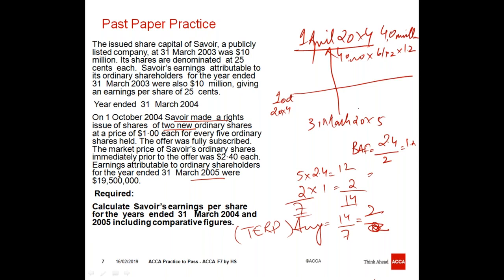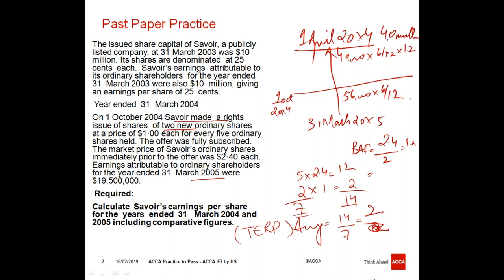Then for the last 6 months, how many shares will we have? For every 5 shares, the company has issued 2 right shares. So divide by 5, multiply by 2, it will be 56,000 for the last 6 months.